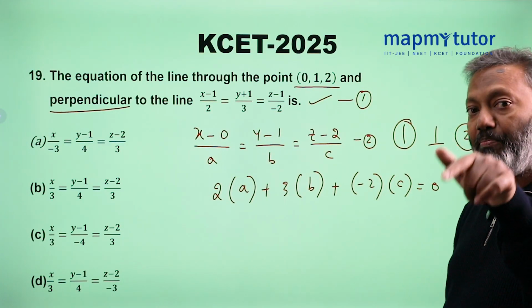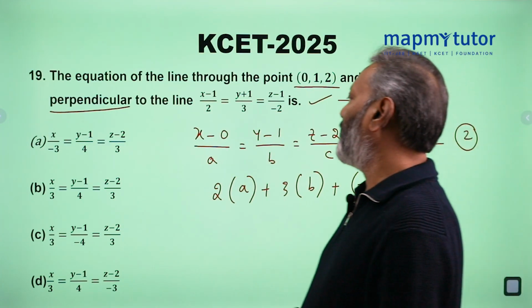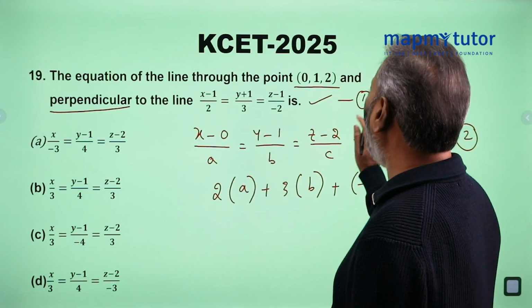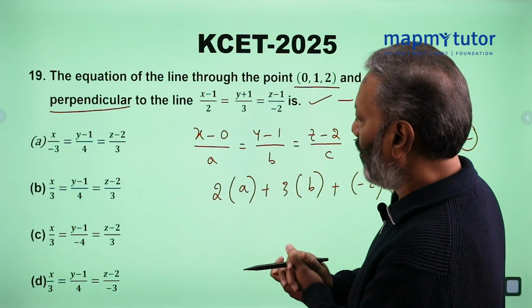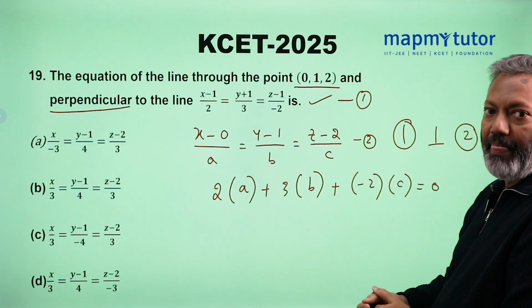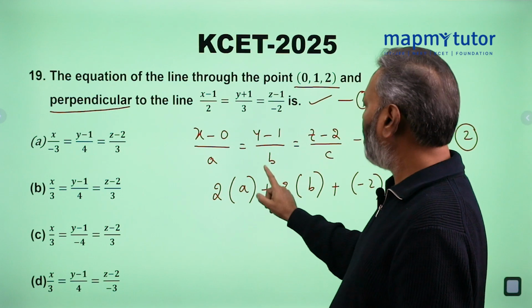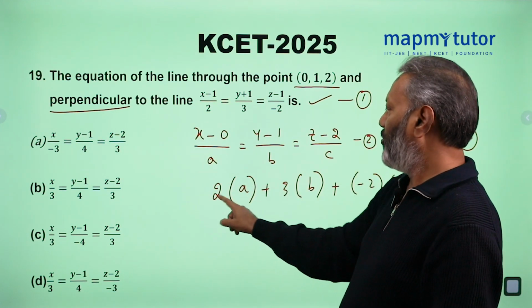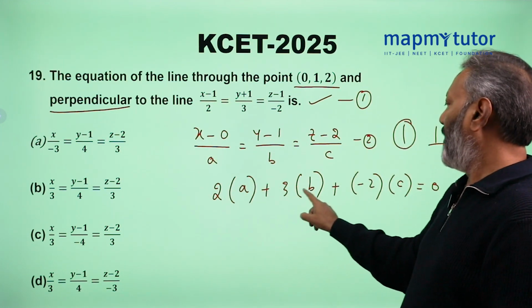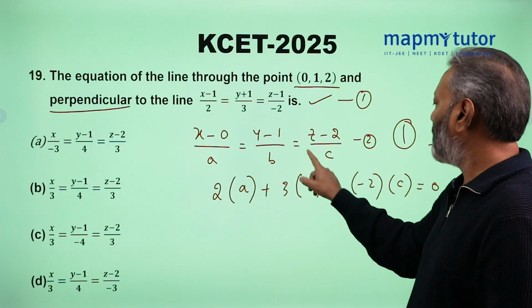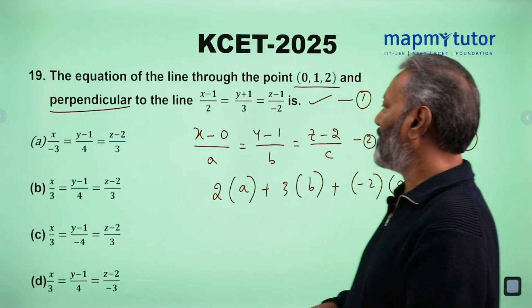That is the condition for perpendicularity. Now you can check from the options. Suppose instead of a, I put minus 3: 2 into minus 3 is minus 6, 3 into 4 is plus 12, minus 2 into 3 is minus 6. Minus 6 plus 12 minus 6 is 0. Yes, option A.